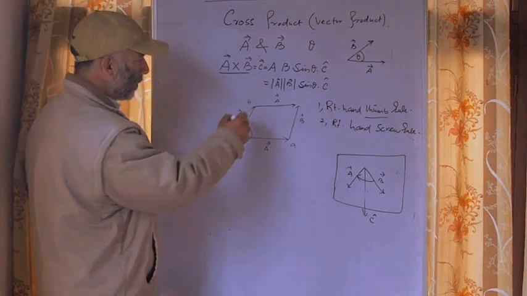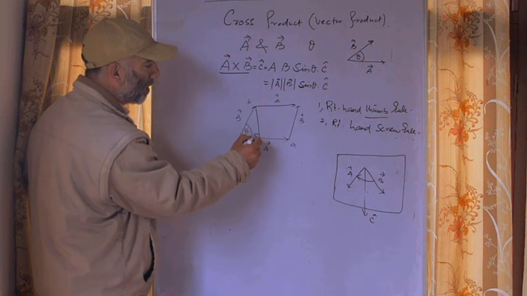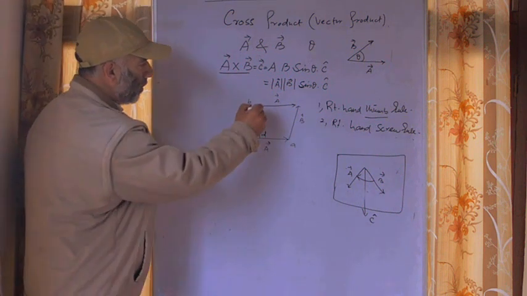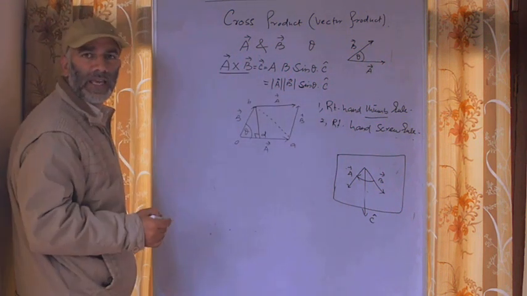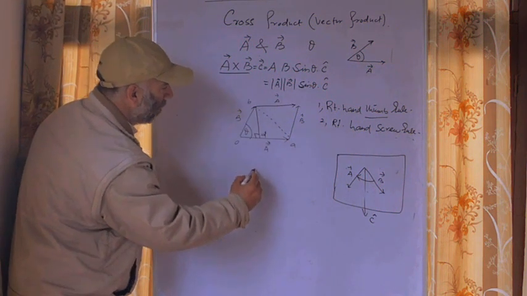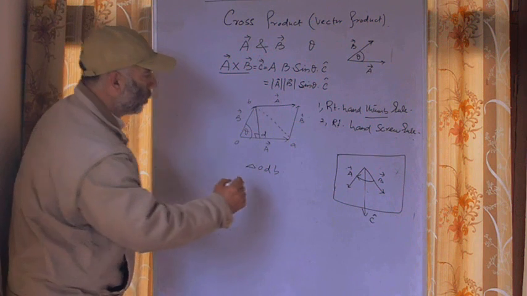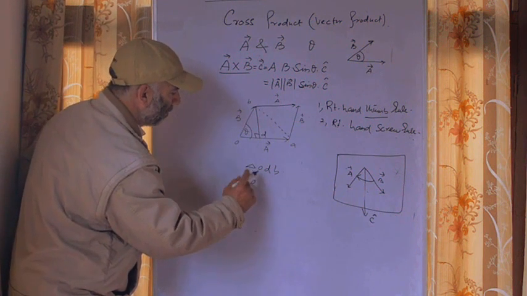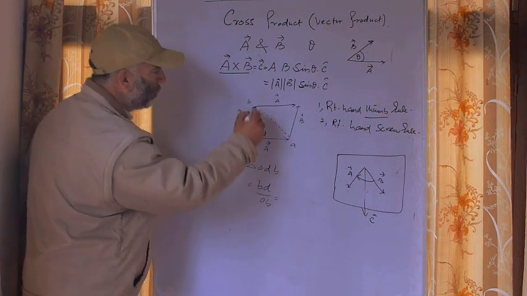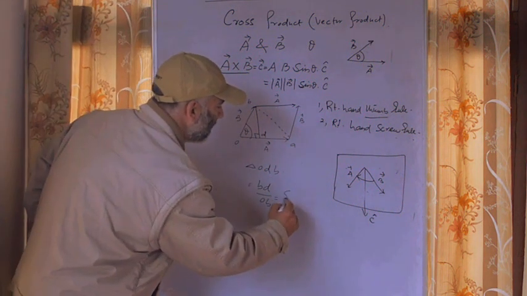So from this B now I will draw a perpendicular. Let me draw a perpendicular BD on vector A. So do one thing, join this B with A. So in this triangle ODB, right angled triangle, BD by OB is perpendicular by hypotenuse, that is sine of theta.